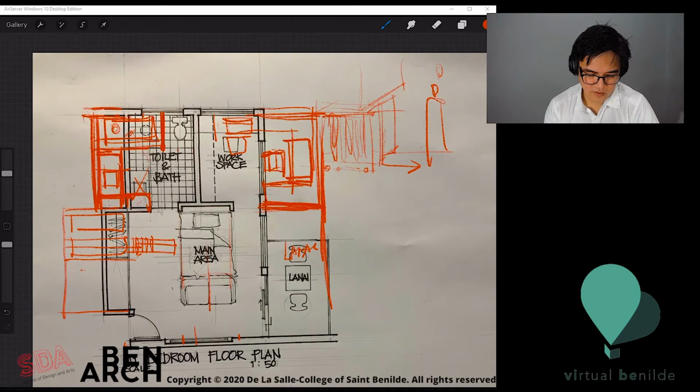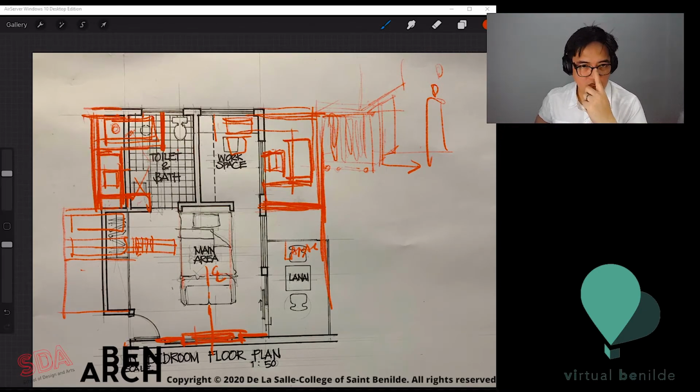So if you want to center this, CL is the symbol for center line, and it's going to be centered here. Make some improvements, some innovations that you could implement on your floor plan for this bedroom.